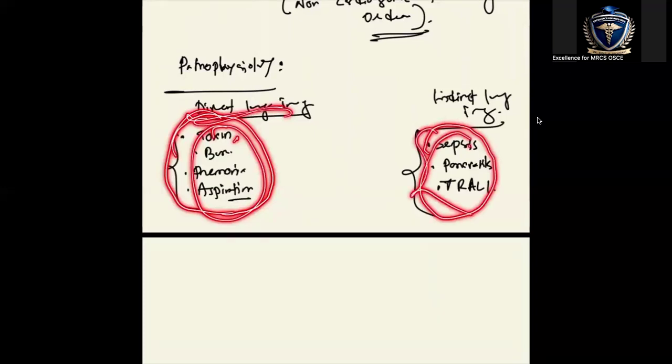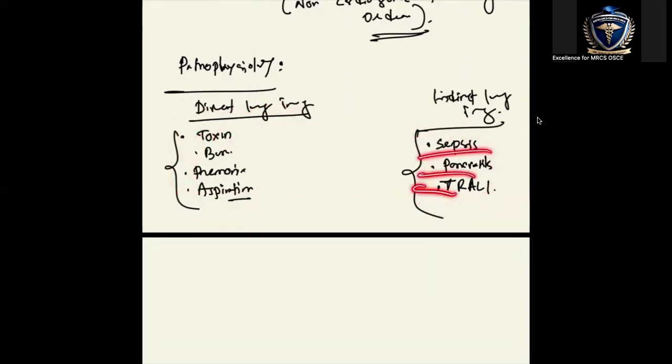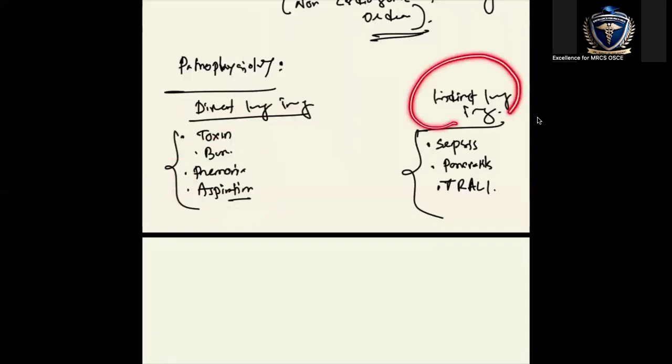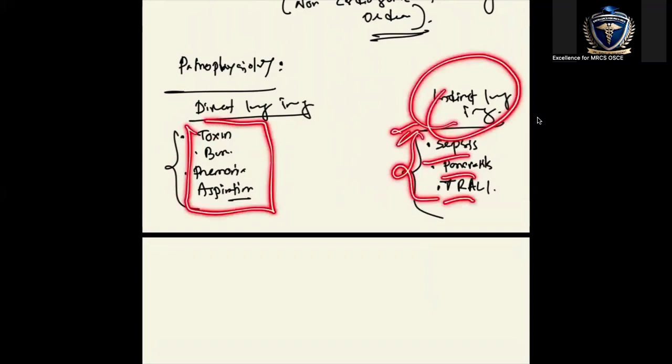These are the secondaries. This comes bloodborne. So in this kind of patient, with indirect lung injury, you will get so many systemic inflammatory responses, because these are the consequences of the inflammatory process. But these things directly cause lung injury.